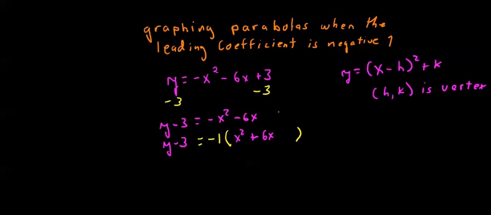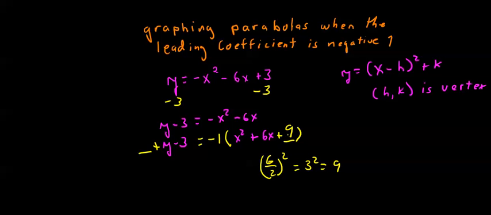And then we add something to both sides, plus something. Now here, what do we add? Half of 6 is 3, and we square it. Gives me 9. So I add 9 here.